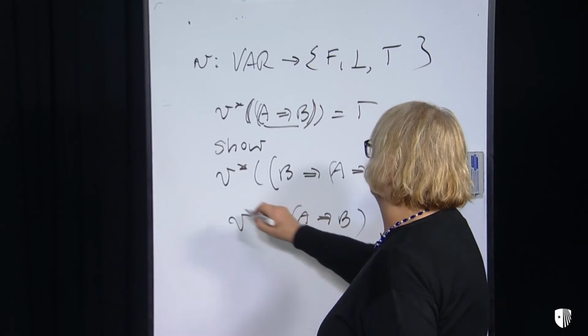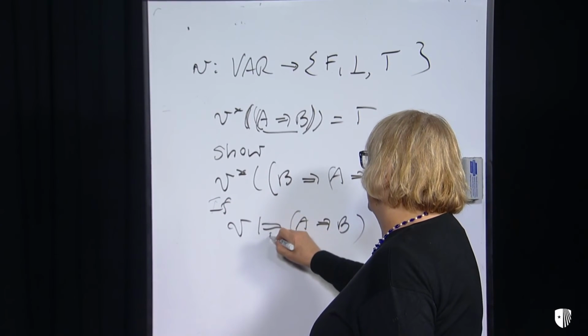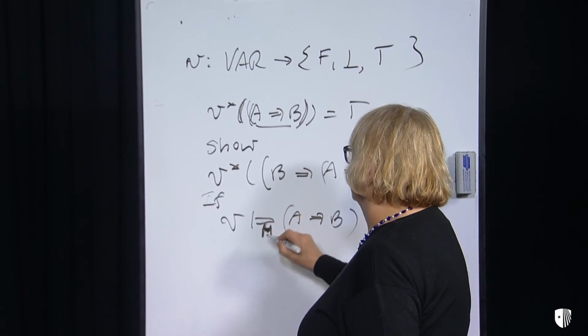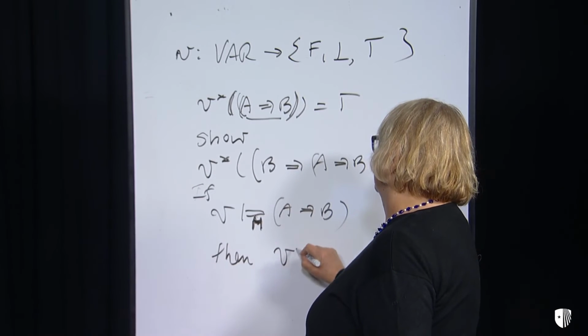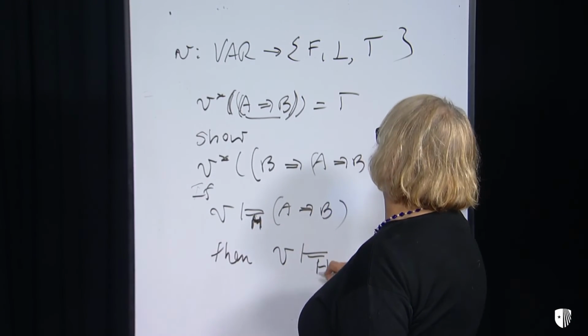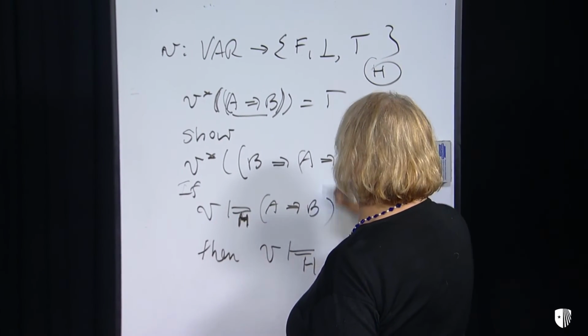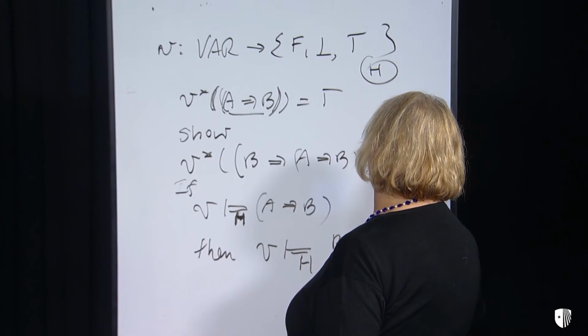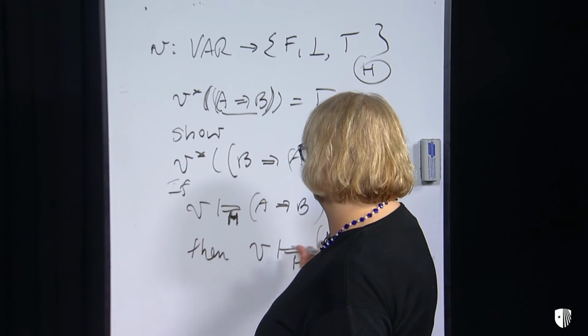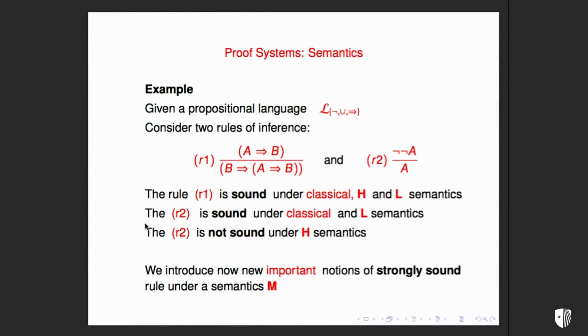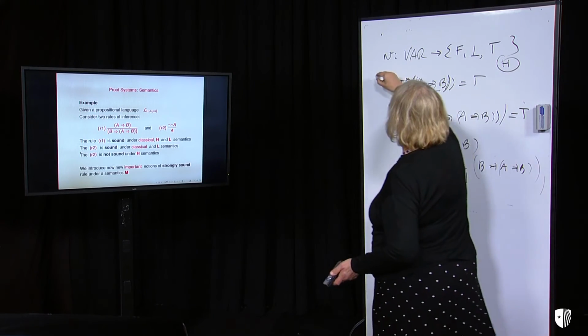If V is a model under semantic H of A and B, then V is a model under semantic H of B and A implies B. This is a very simple exercise which we did already in chapter 3 many times. You can do the same here. So this is for rule 1.